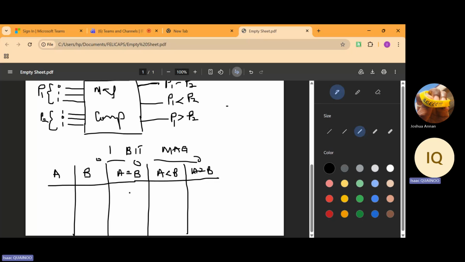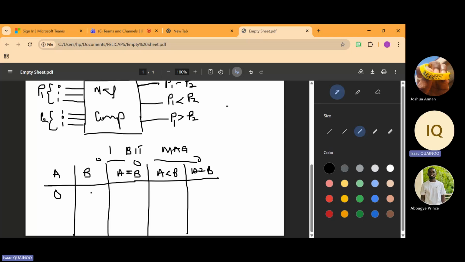So these are the basic headings you are going to have. You know that your inputs can be a combination of zeros and ones. So you have 0, 0 right here. Then you can have 0 and 1.